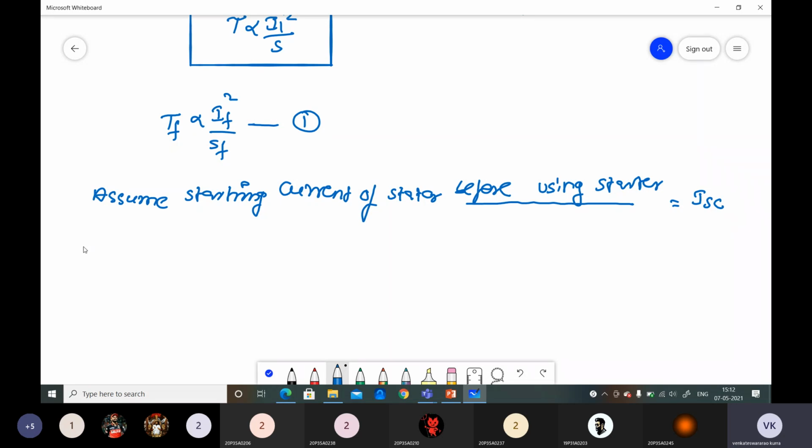Next, after using the starter, due to resistance the current value decreases, because after using the starter the starting current is IST.